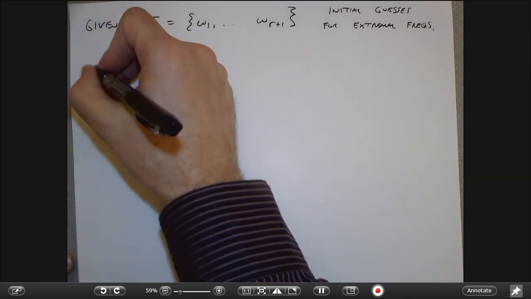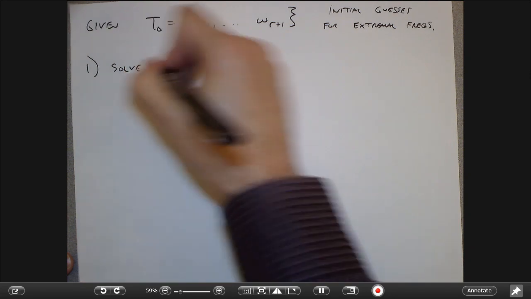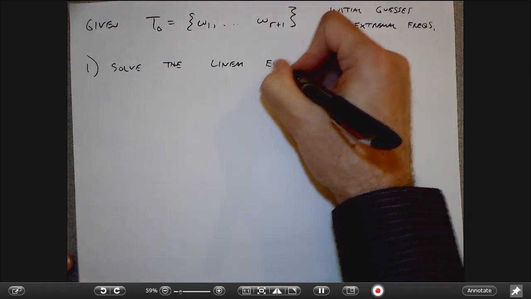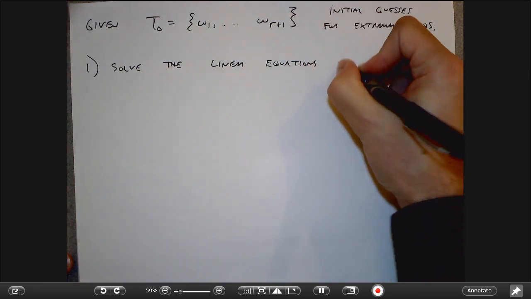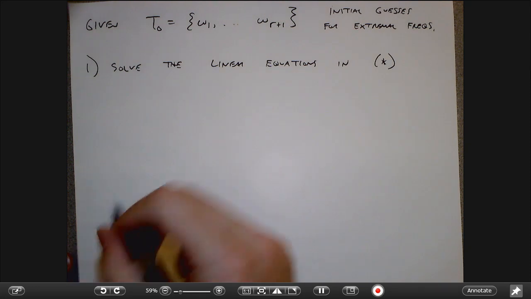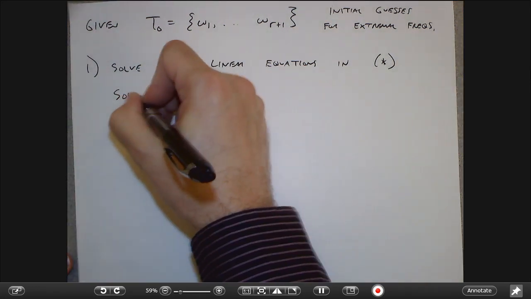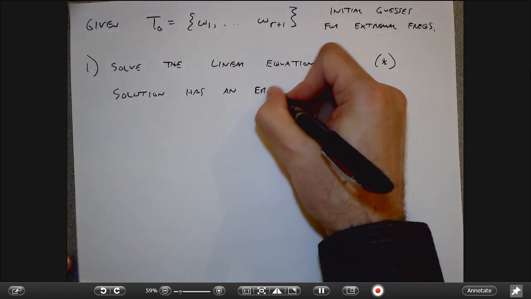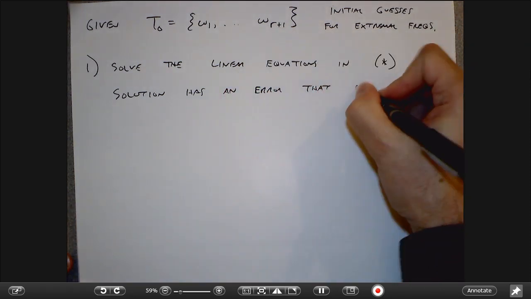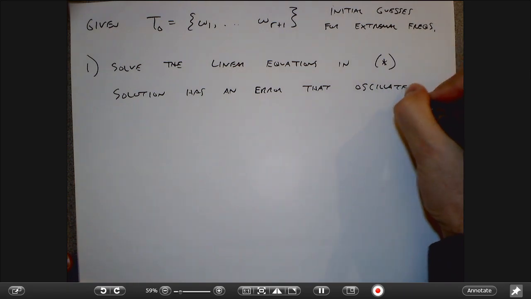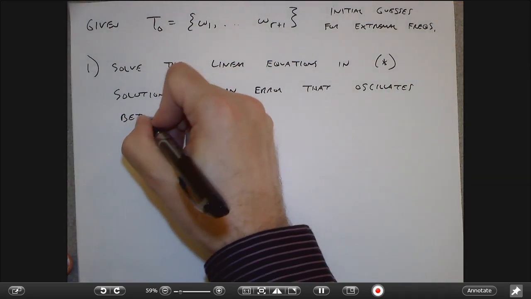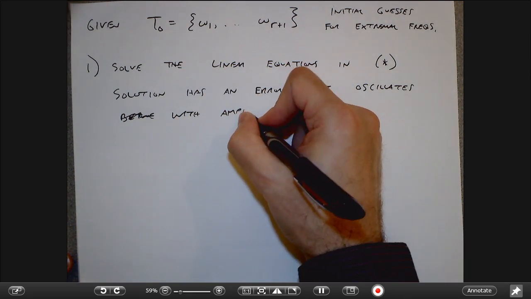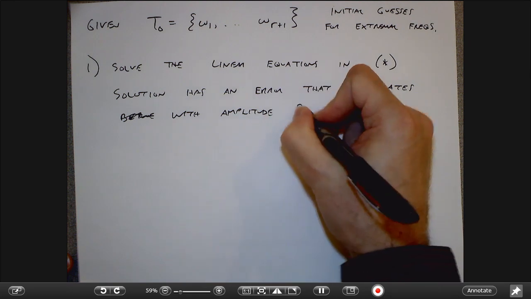Then I solve the linear equations in that system I gave you before, and that means the solution has an error that oscillates with amplitude delta.